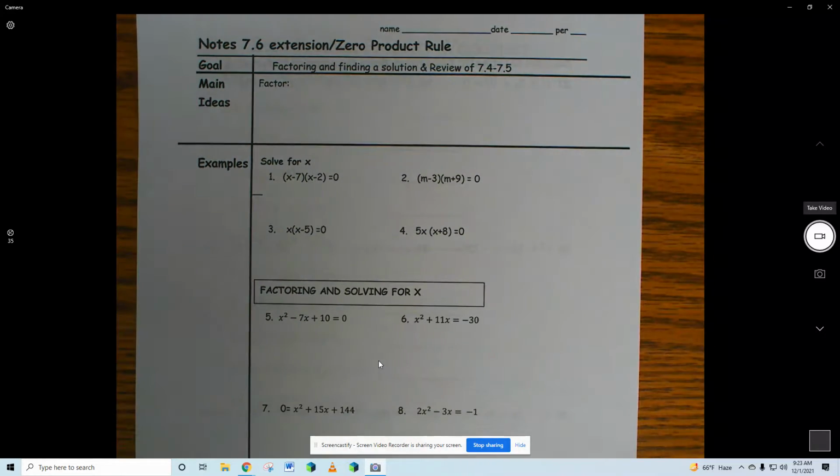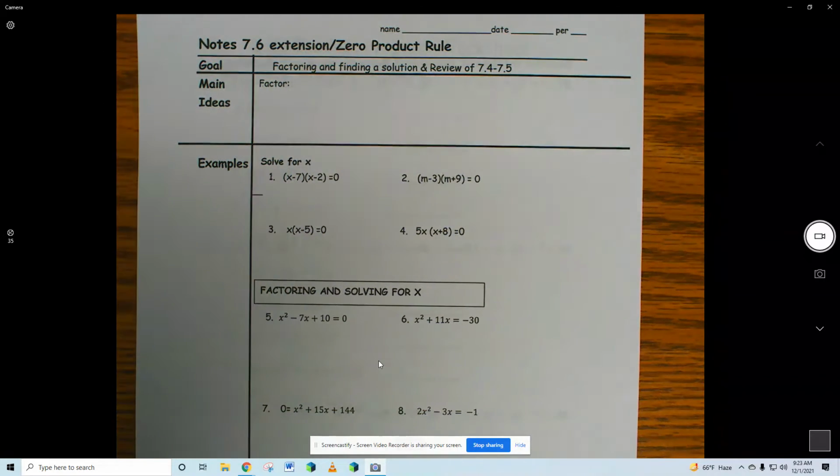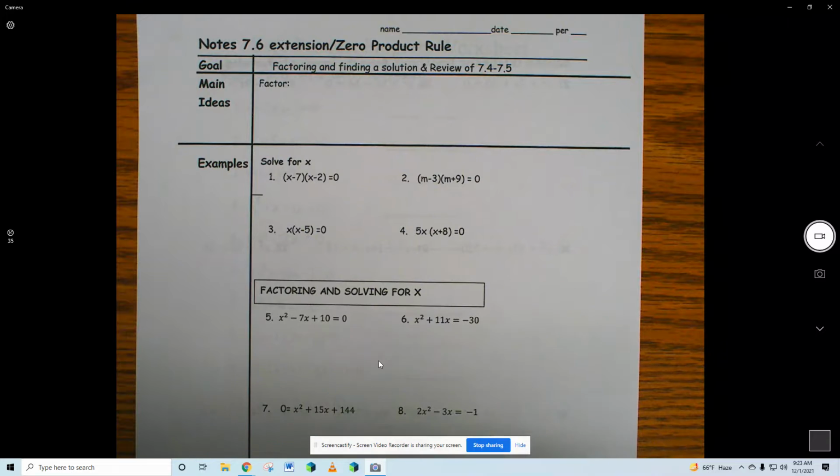We have been doing factoring the entire chapter 7, and we have a bunch of sample equations and factoring on the board behind me. A lot of times when we factor, the equation is going to have an equal sign and it's going to equal 0.